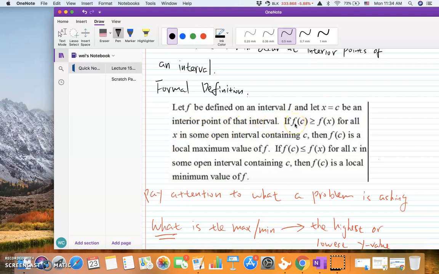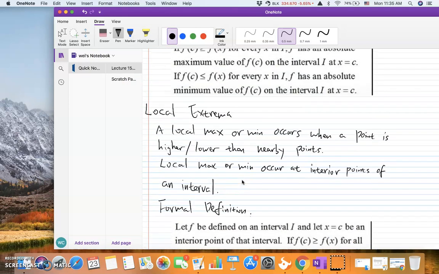If the function value at c, f of c, is greater than or equal to f of x for all x in some open interval containing c, then f of c is a local maximum value. If f of c is less than or equal to f of x for all x in some open interval containing c, then f of c is a local minimum value of f.